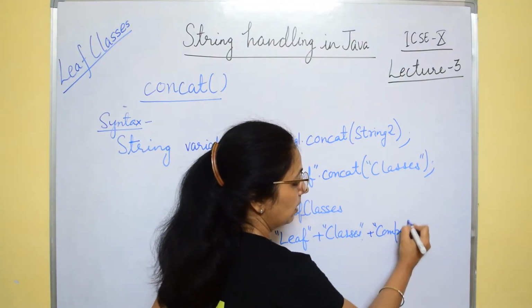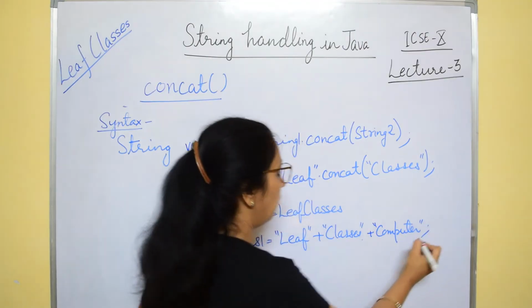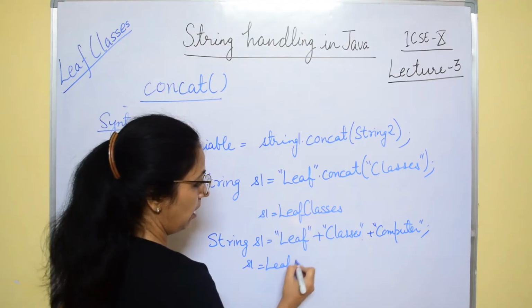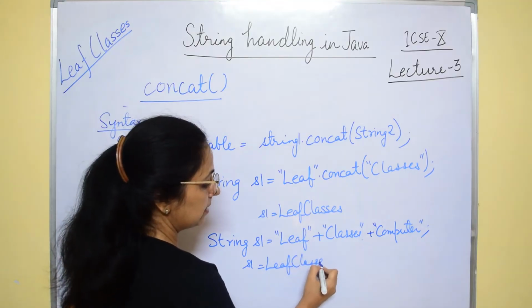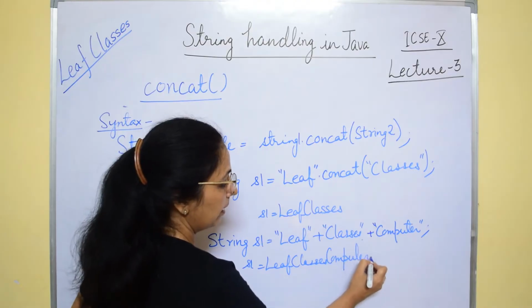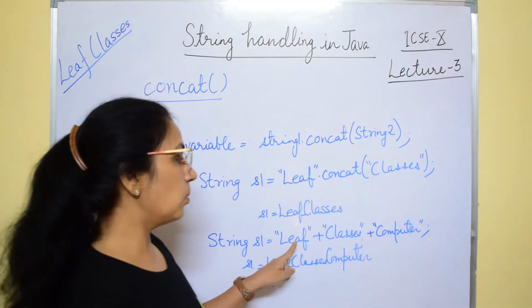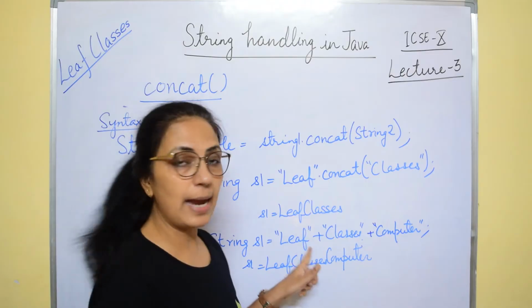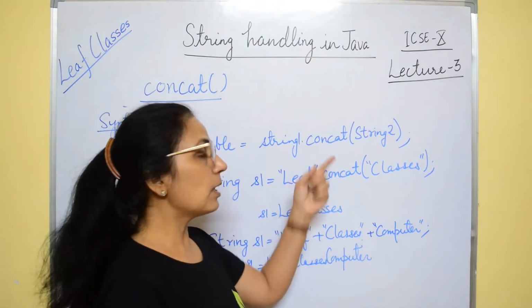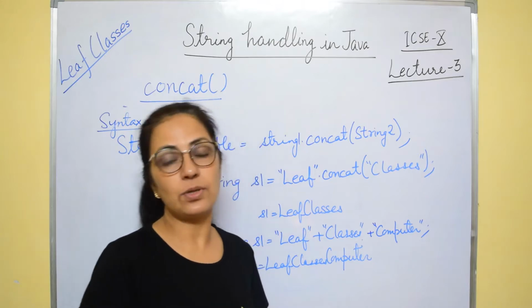Say "computer". So the output of this will now be "leafclassescomputer". Like this, the plus operator can be used for concatenation of even more than two strings, and using the concat function, only two strings at a time.